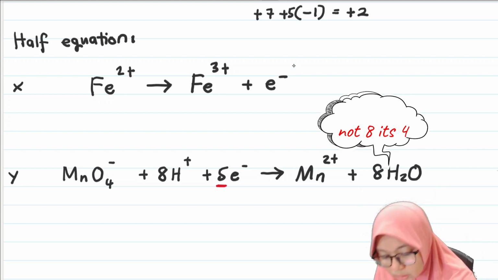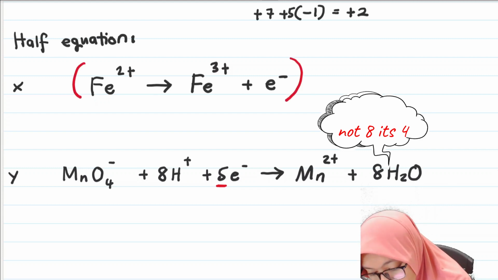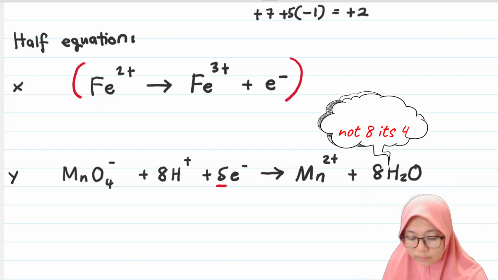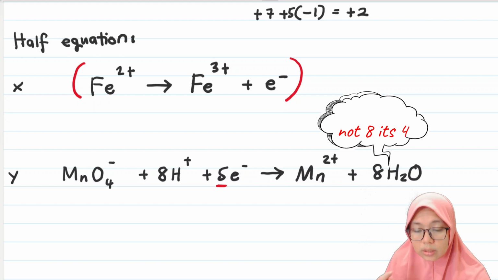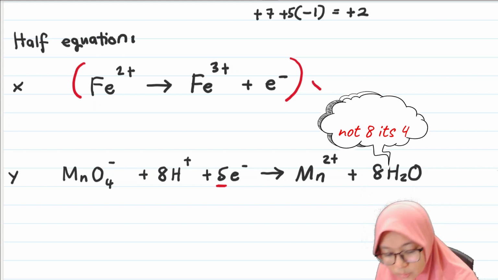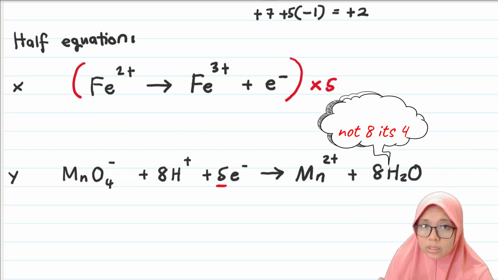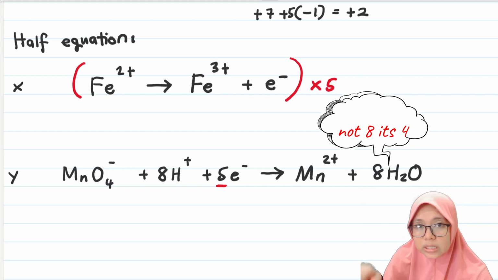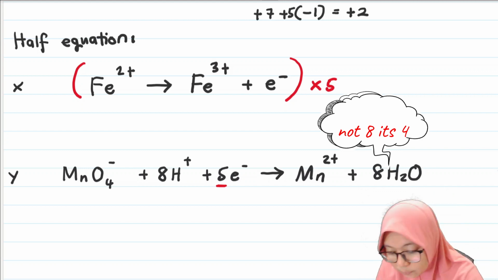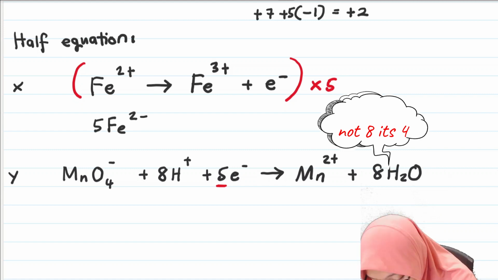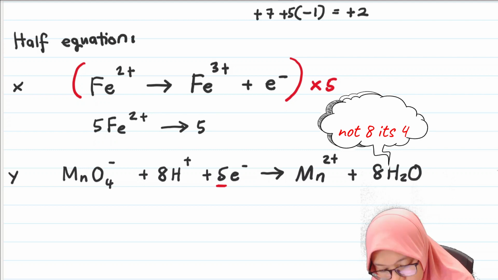So what we do is we will multiply the first half equation, the one that loses electron, with 5. Why 5? Because we want to achieve the 5 electrons. So when I times this half equation with 5, I will get 5 Fe2 plus form 5 Fe3 plus and 5 electrons.